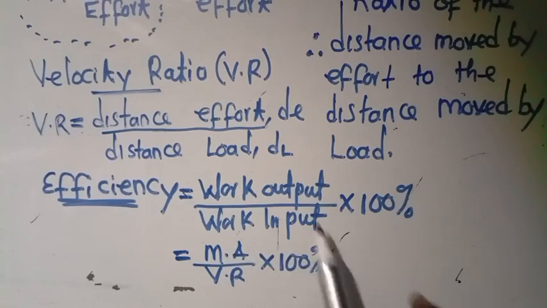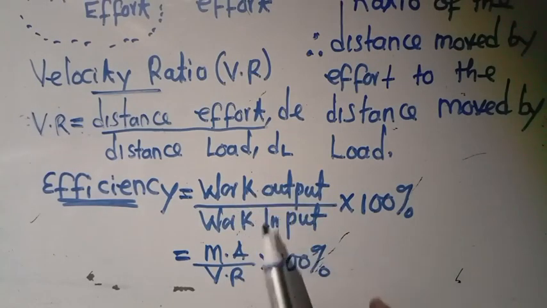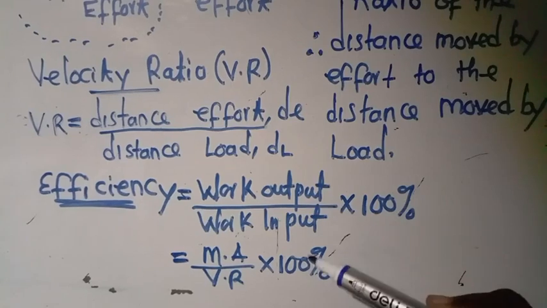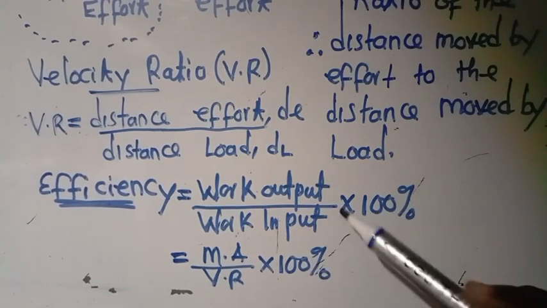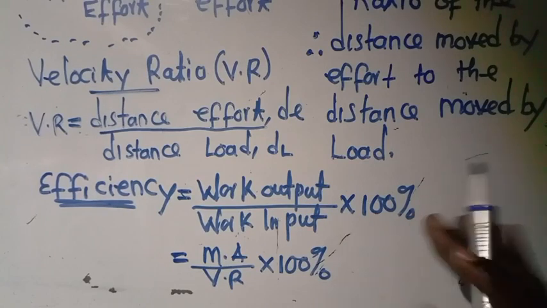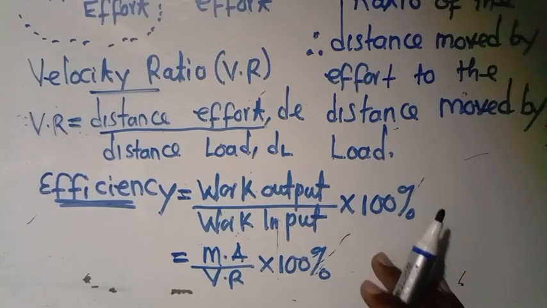There is also this one when you are given work. Work is just the same as energy, one and the same. They are somehow similar. We calculate questions using these two formulas.